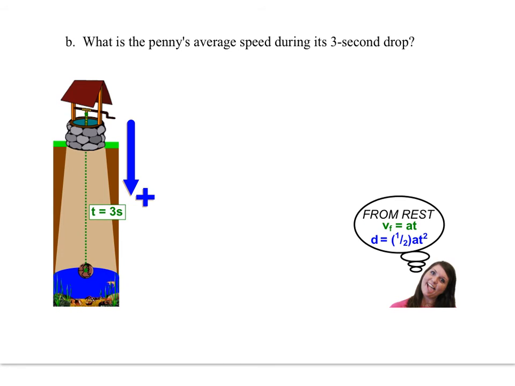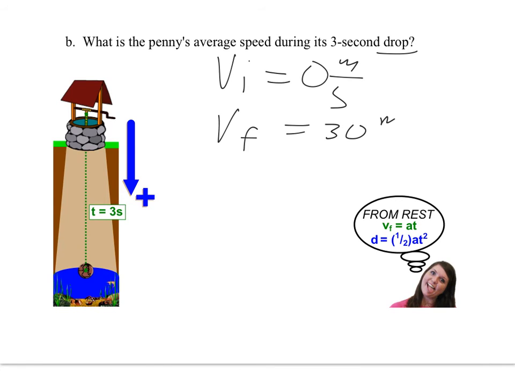Here in part B, it says what's the penny's average speed during its 3-second drop. The key word there is that we drop it, in which case the initial velocity is equal to 0 meters per second. In part A, we calculated a final velocity of 30 meters per second, in which case we can calculate an average velocity as the sum of the initial plus the final velocity divided by 2.